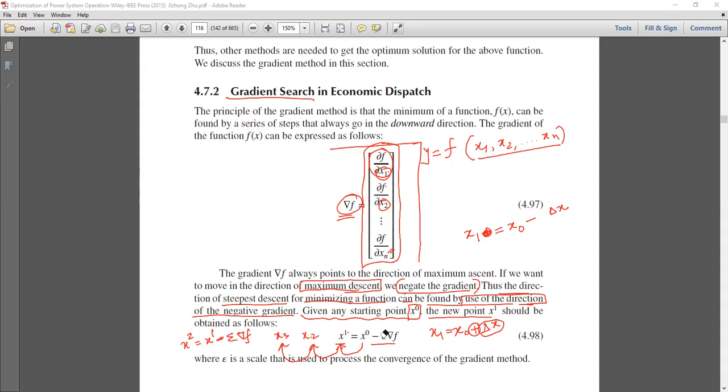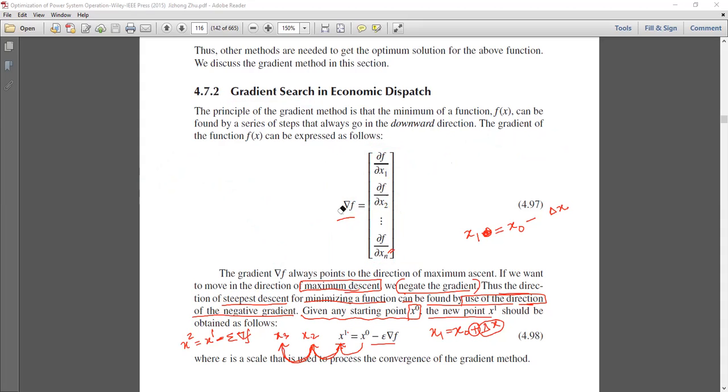So the learning parameter epsilon will help us control the jump from x1 to x2, from x2 to x3. Now there is another interesting point which I should mention here. The question should come: should epsilon be a constant value or should it be a variable?